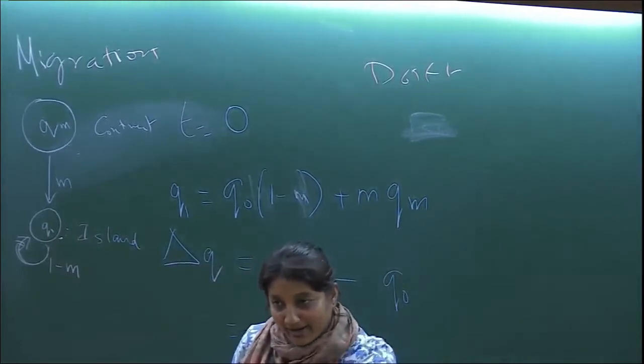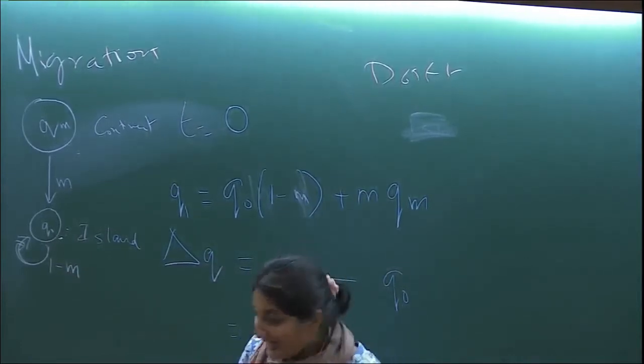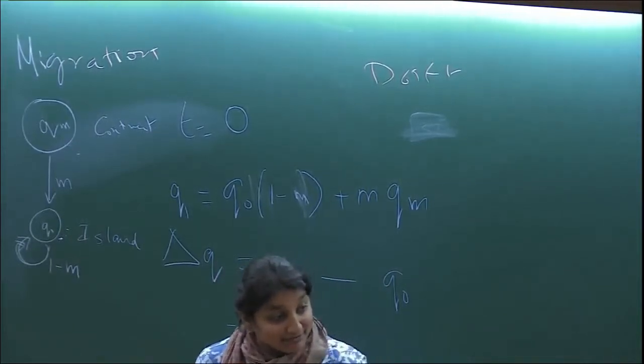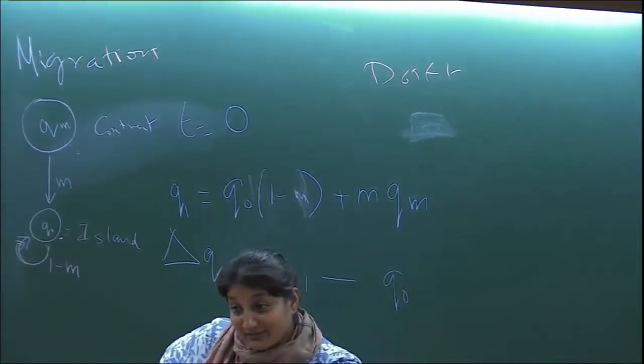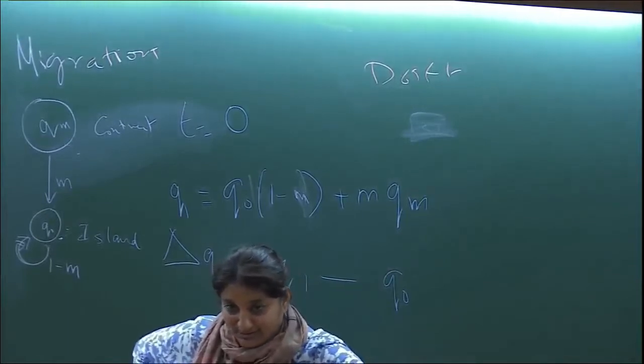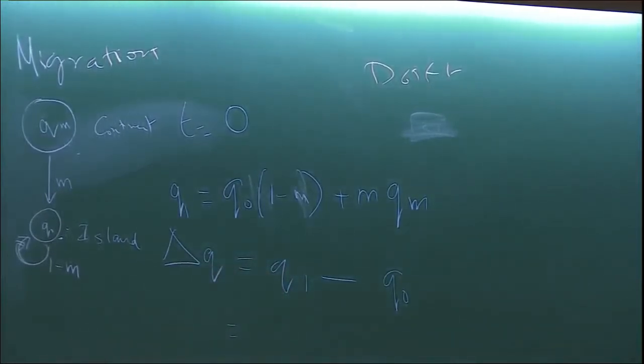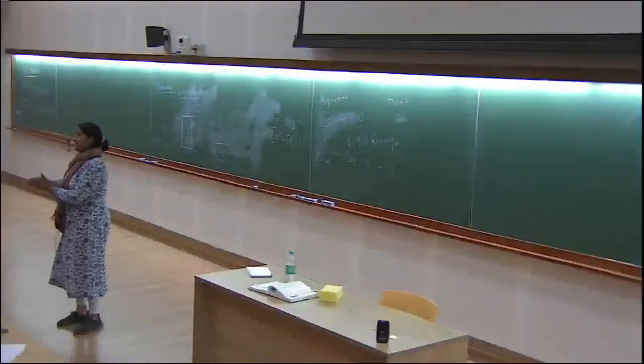Now migrants are coming, fine. So now you have a mixture. After one generation, you have the natives and you have the migrants. How would you calculate the allele frequency? It's just arithmetic. X number of natives are there, Y number of migrants are there. The X natives have a certain frequency, the Y migrants have a certain other frequency. You have to add them up.